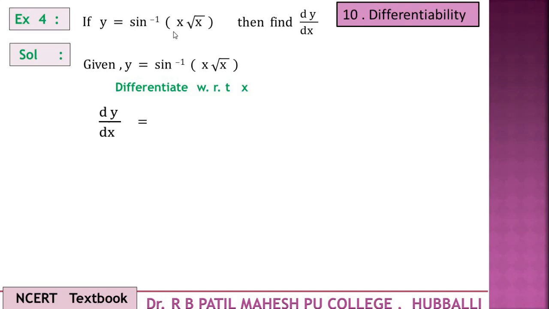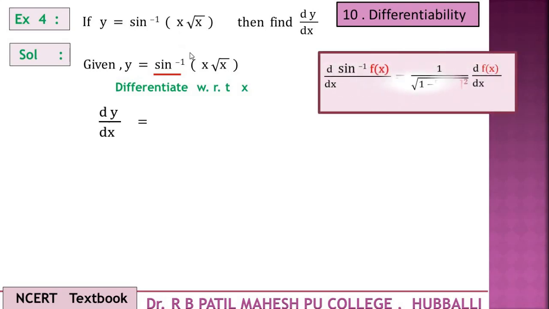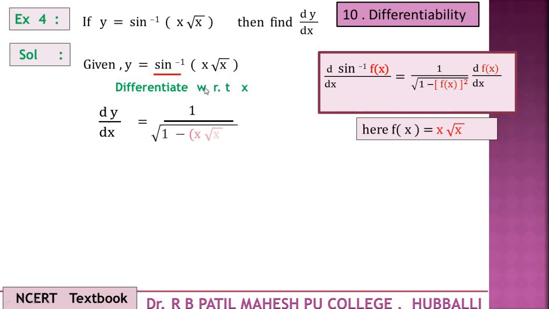So left side it is written as dy by dx equal to, first we have to write the inverse function derivative, sine inverse. So this is the formula. I followed directly 1 divided by root of 1 minus taking the square of this, that is x root x whole square, into d by dx of x root x.